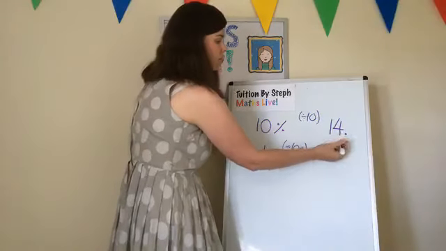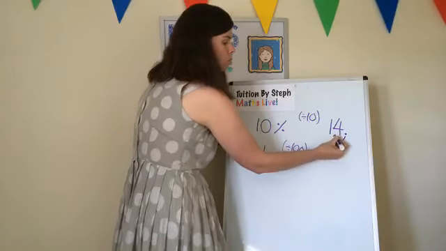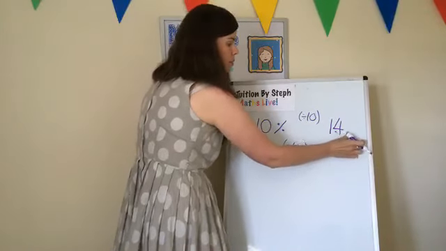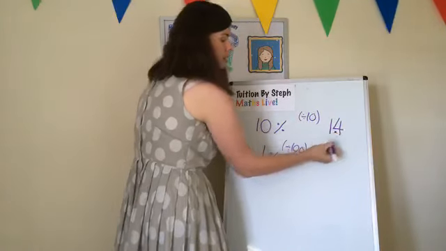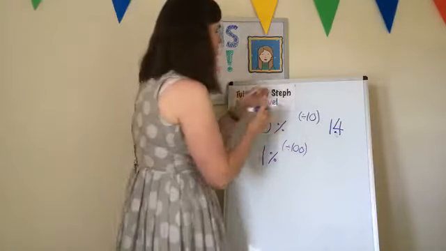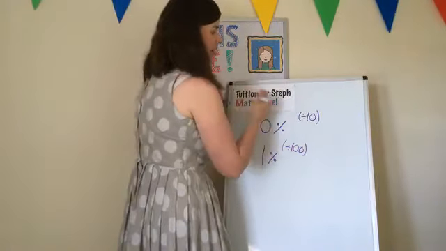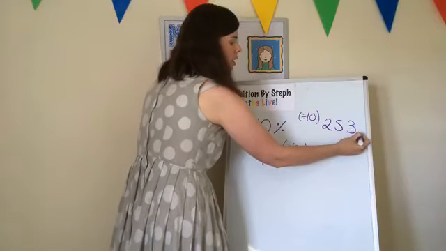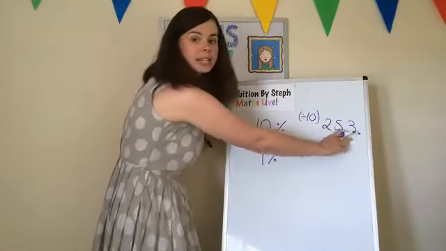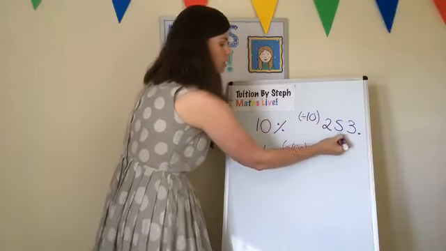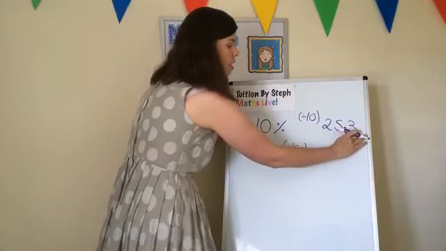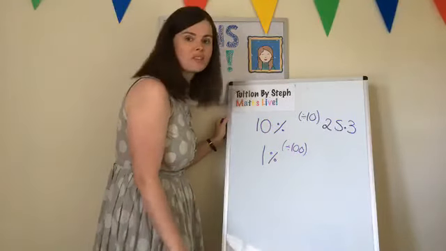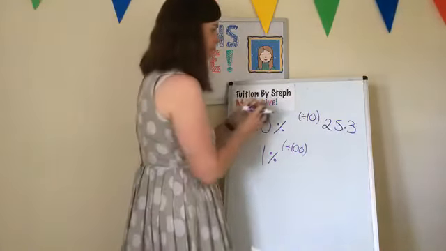So dividing 14 by 10, I just move the decimal point once to the left. So 10% of 14 is 1.4. If I wanted to find 10% of 253, the decimal point is hidden next to the whole number, and I just move it once to the left. So 10% of 253 is 25.3.